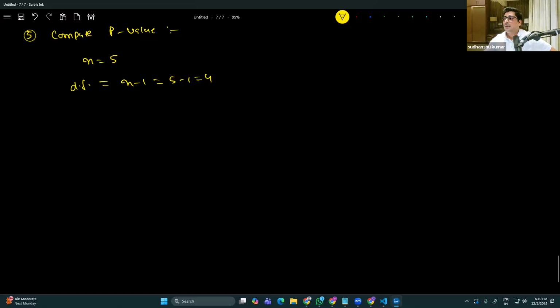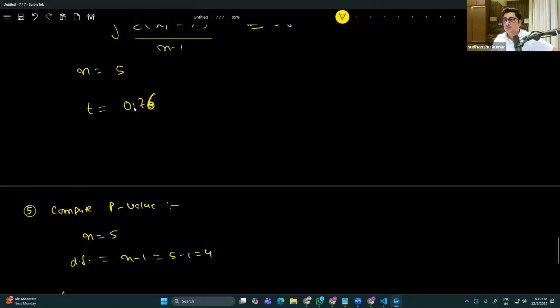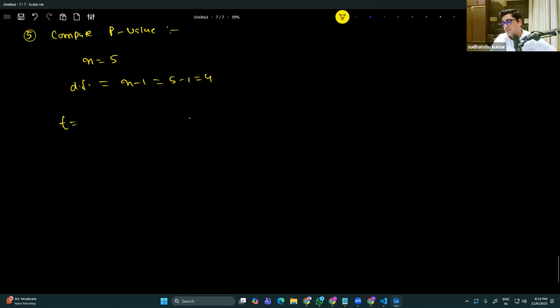Now let me go back with this number 2.776. So here, compute a p value. The t that I have computed in a previous step was 0.76, let's suppose 0.76. This was the t which I have already computed.